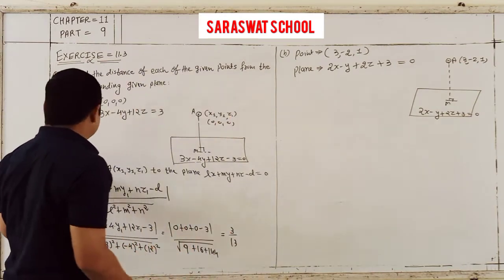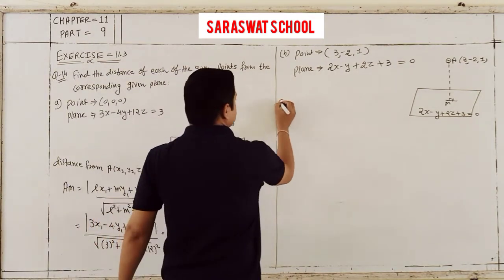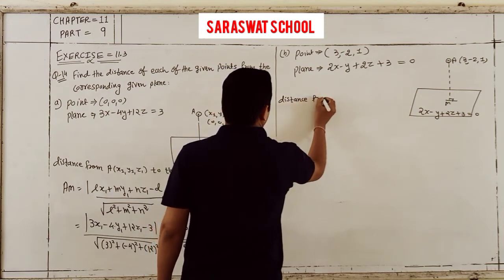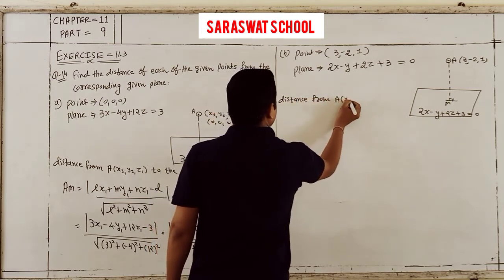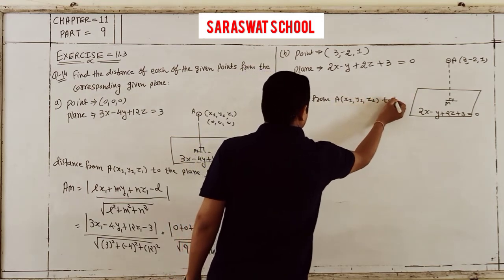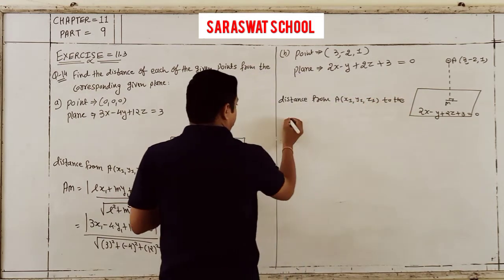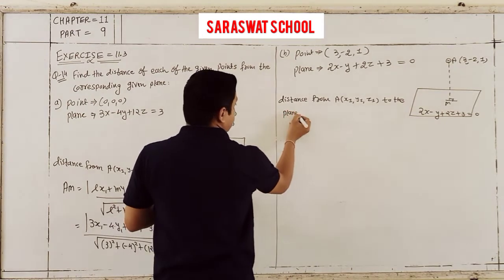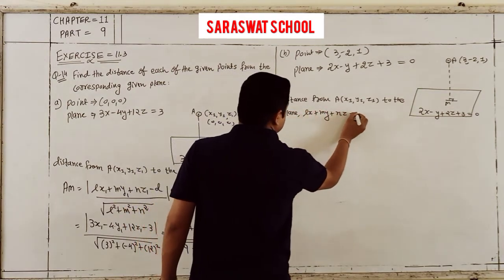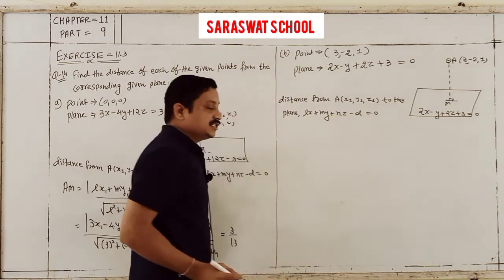This statement is the same as writing the distance from point A, x1, y1, z1, to the plane lx plus my plus nz minus d equal to 0.